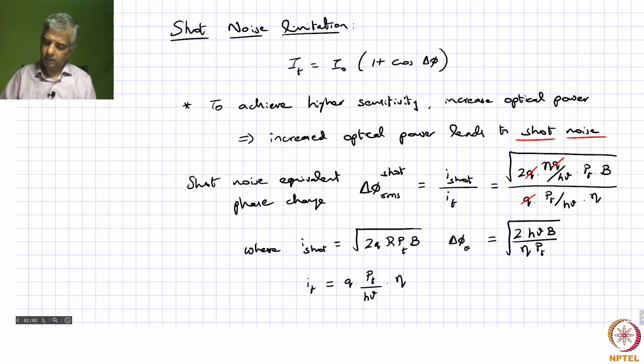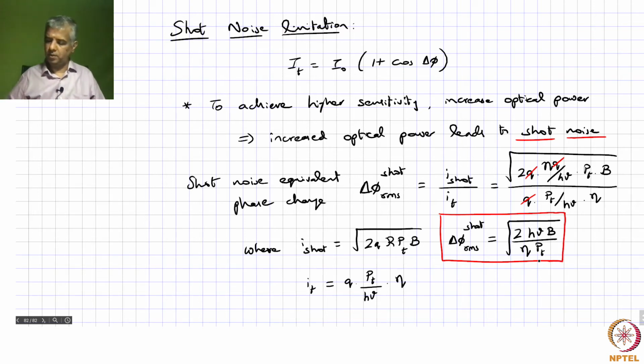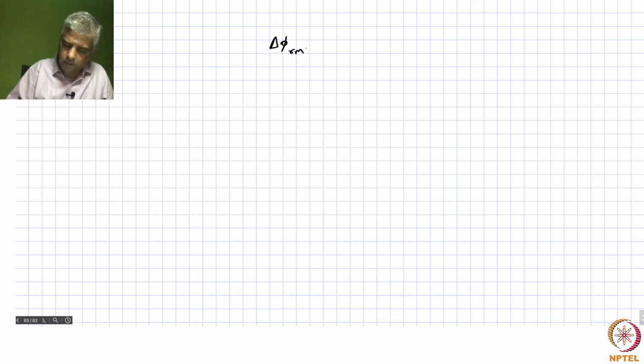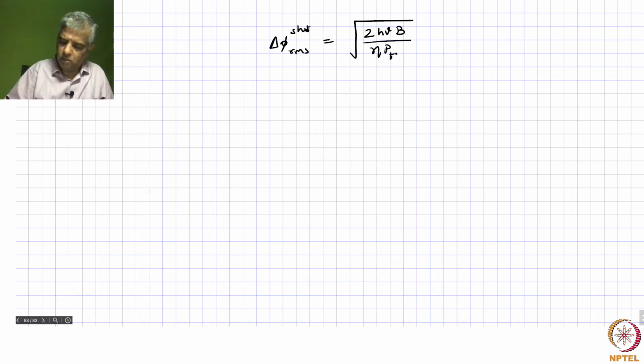So, delta phi RMS due to the shot noise variance is given by this. Now, we can substitute some standard values for this, so let us take this and work that out on the next page. What we are saying is delta phi RMS due to shot noise is given by root of 2 times h nu multiplied by b divided by eta times pt.